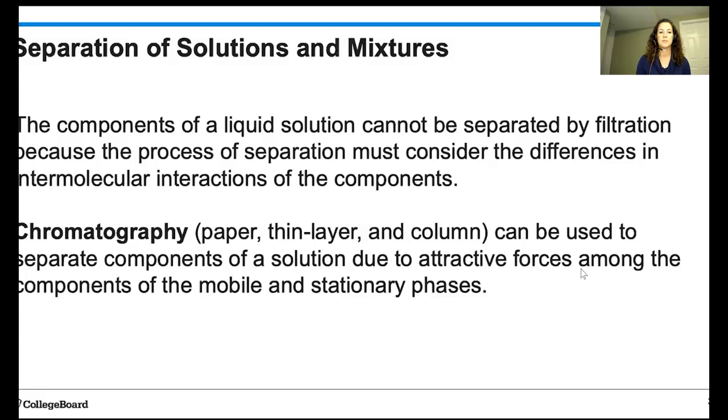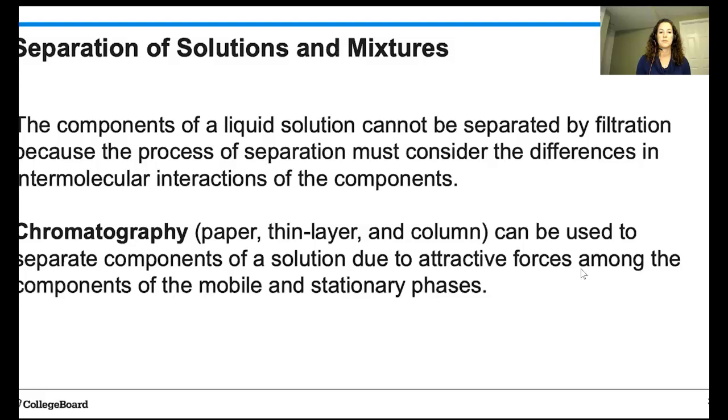It can also separate based on charge and size and so on. So chromatography is a way of separating based on the forces of the mobile and the stationary phases. The stationary phase is what's in the chromatography column or on the paper, and the mobile phase is the one that's passing through.